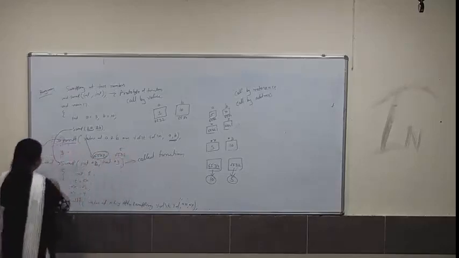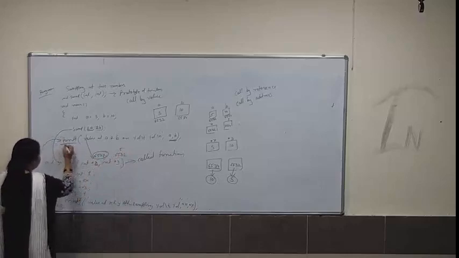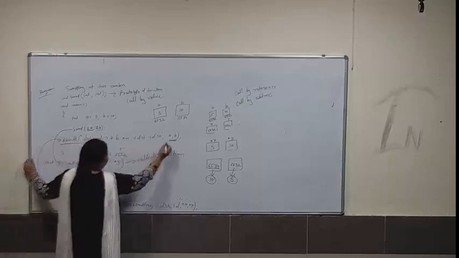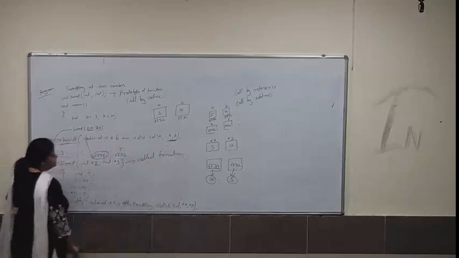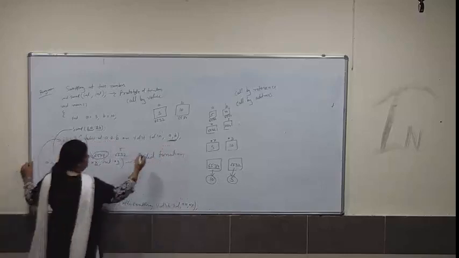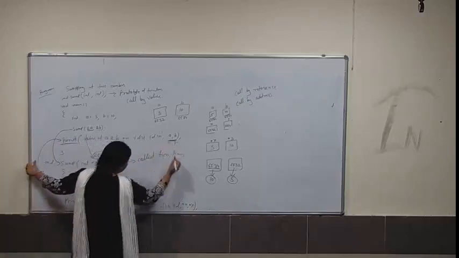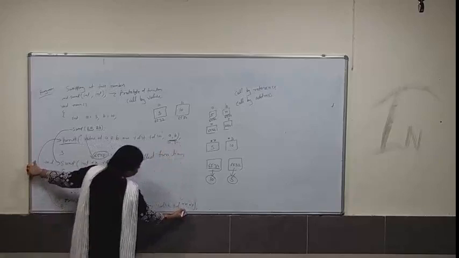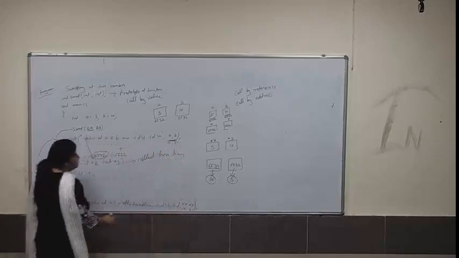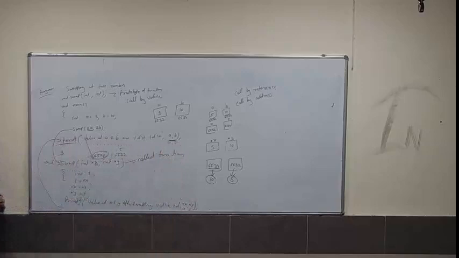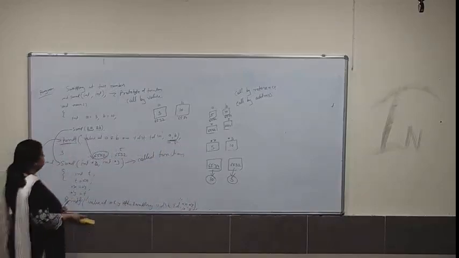That is the reason that after the swapping, in the calling function also you will get the changes. That is the reason the answer is A and B are also 10 and 5, as X and Y are 10 and 5. So this is the difference between call by value and call by reference in the program.